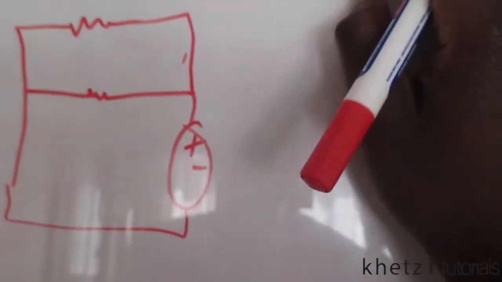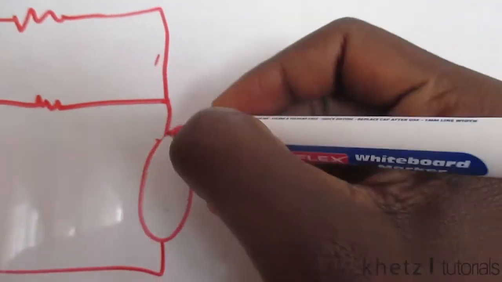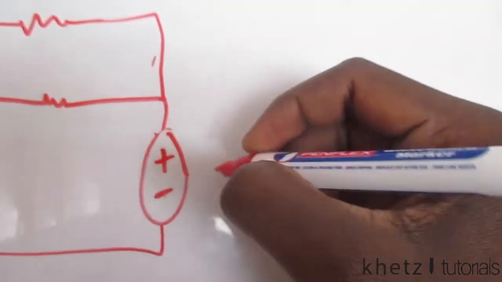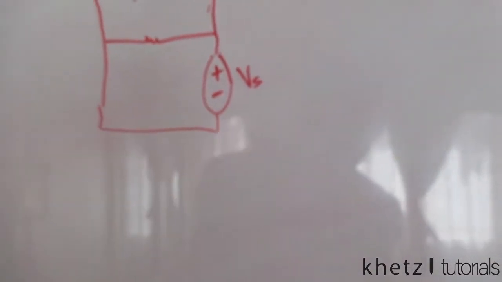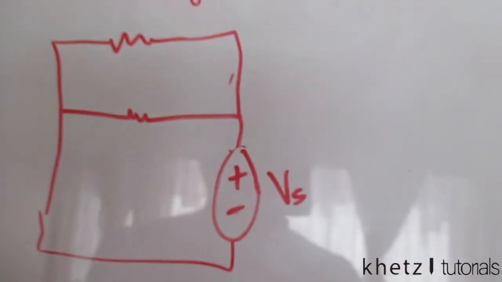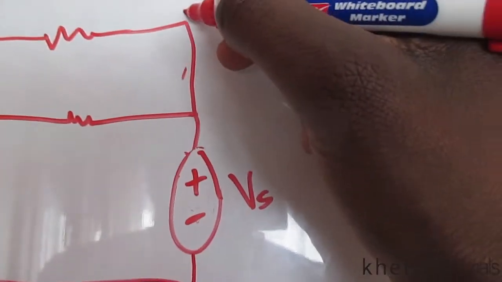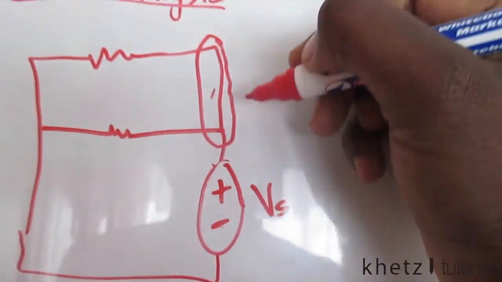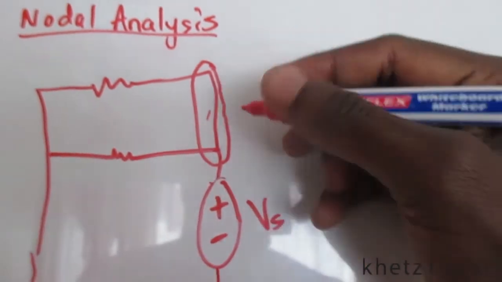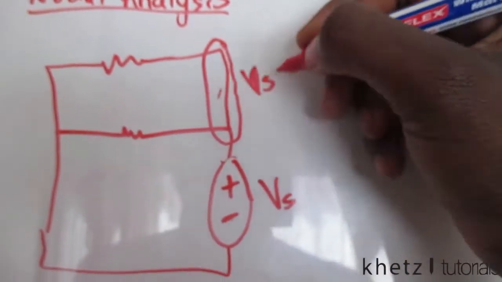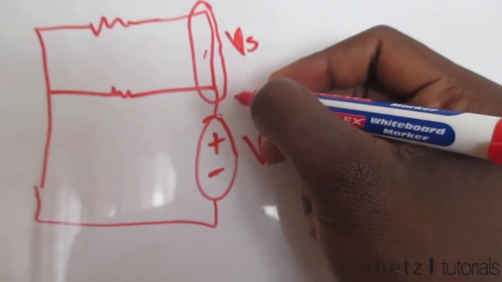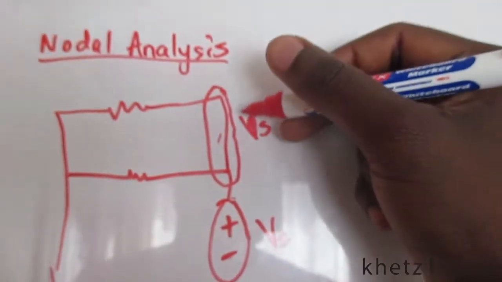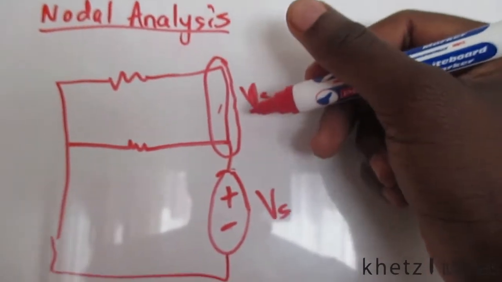I just wanted to show you that if you have a voltage source Vs beneath a node, then this node's value is Vs. If you have a voltage source and nothing else, as you can see, there's no resistor here, then the node above is equal to Vs as well.